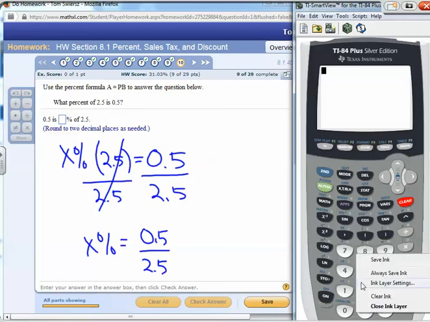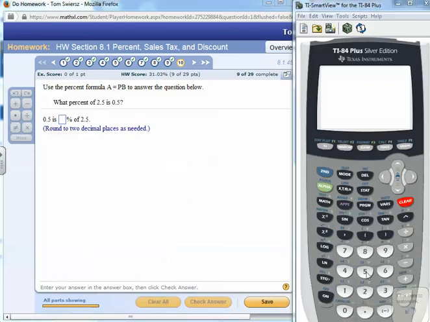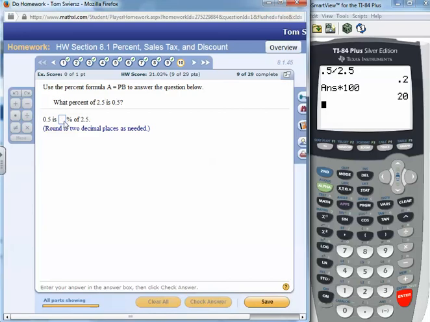So 0.5 divided by 2.5. Oops, I don't think I put in 0.5. It's got 0.5 there, that's better, divided by 2.5. Okay, gives us 0.2. We want a percent, so multiply by 100, and we get 20%.